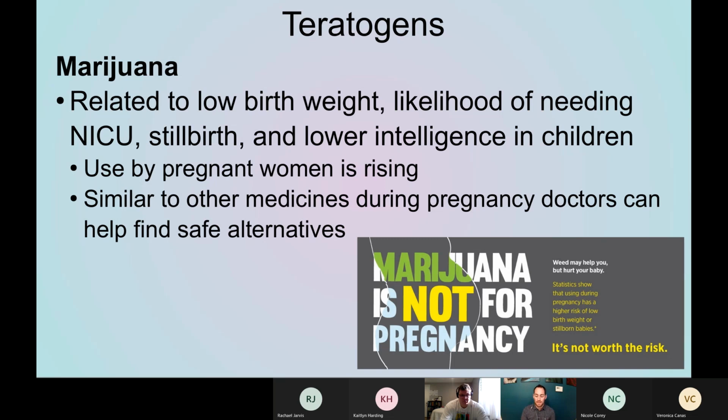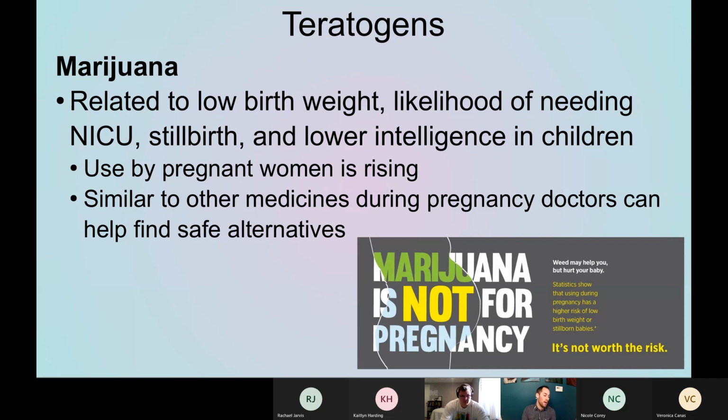Just like other medicines on here, opioids, for example, talking to a doctor about using THC is important so that you can find a suitable alternative that would be safe for the developing fetus. There are other similar medications that can do the same thing that would be safe for the child.